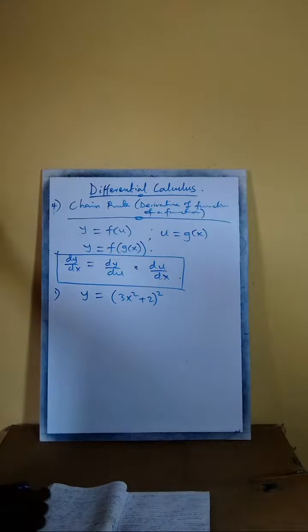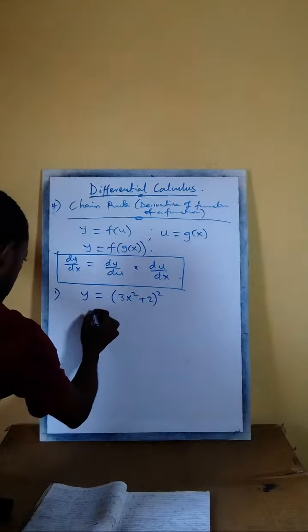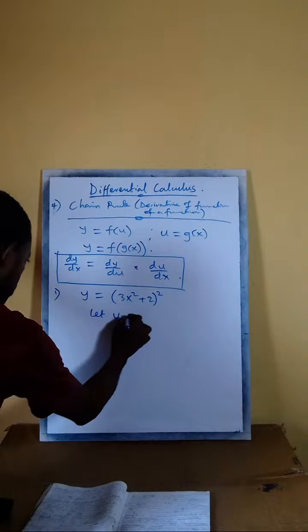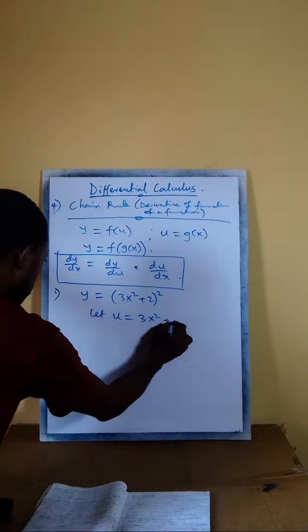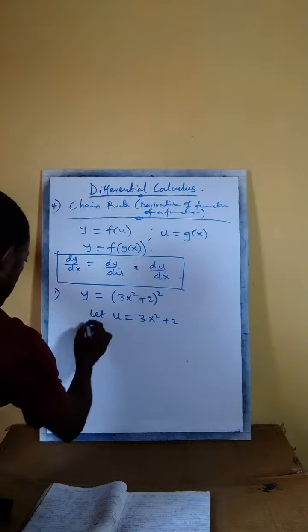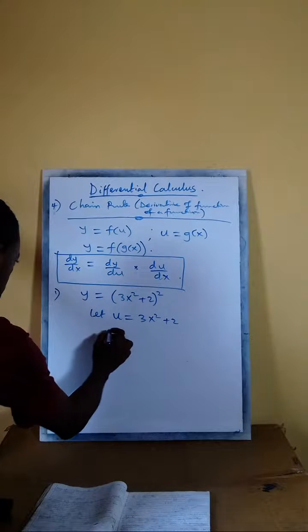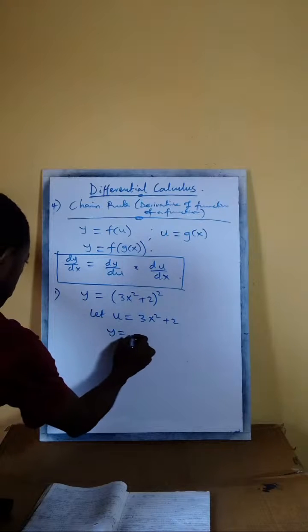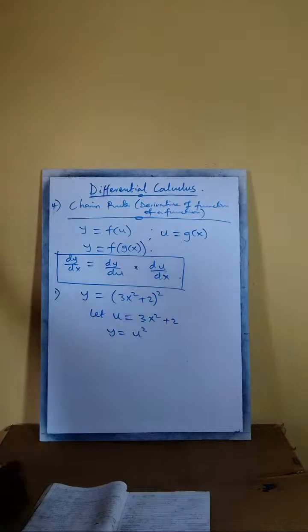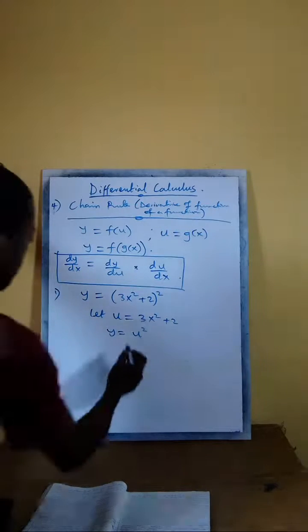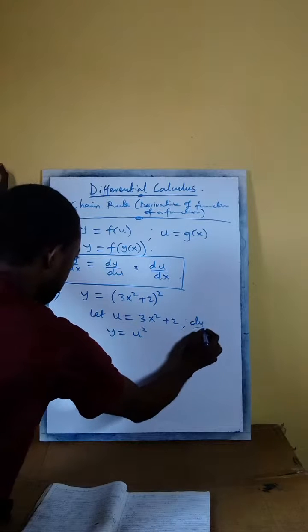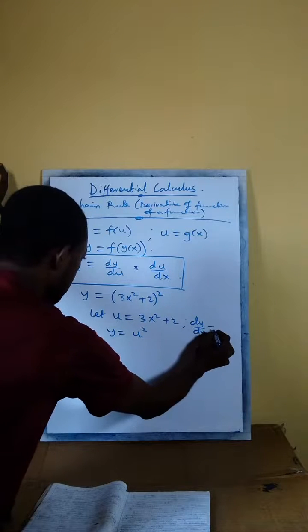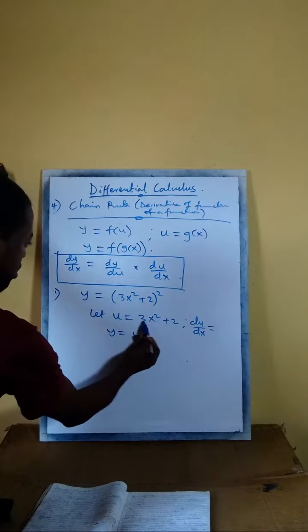Here we can say let u be equal to what we have in the bracket, which is 3x squared plus 2. We can now write y in terms of u, and say y is equal to u squared. Then we differentiate u with respect to x: du/dx is 6x.